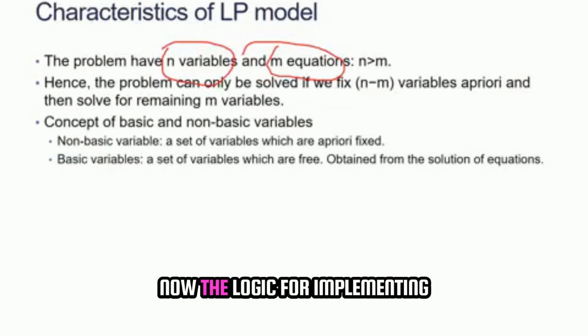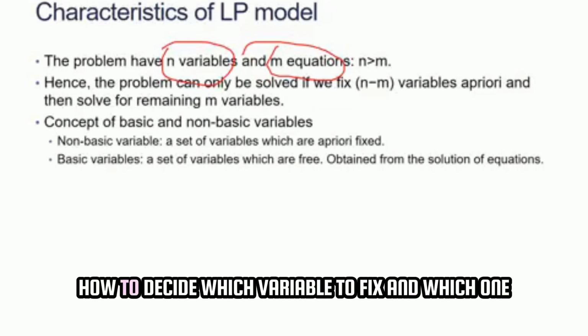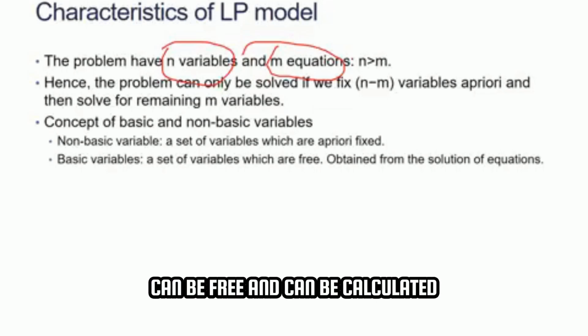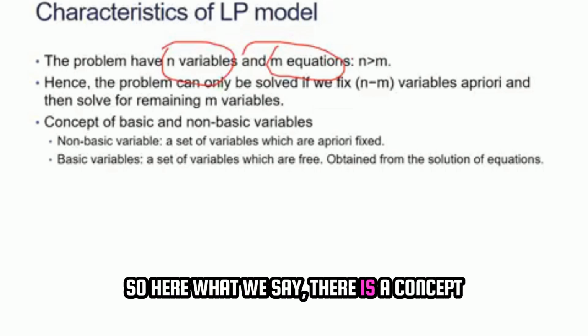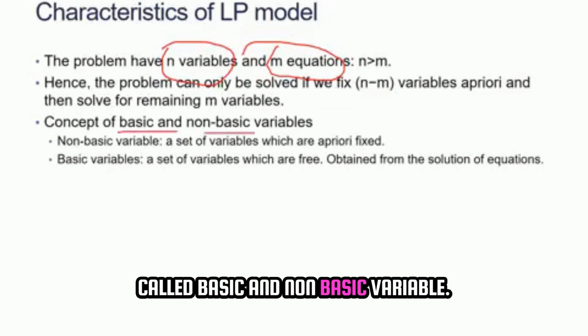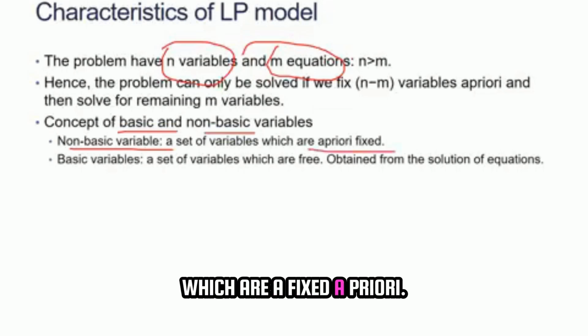Now, the logic for implementing this algorithm, or fixing these variables: how to decide which variable to fix and which one can be free and can be calculated from solving the set of equations. Here there is a concept called basic and non-basic variables. We call non-basic variables those which are fixed a priori.